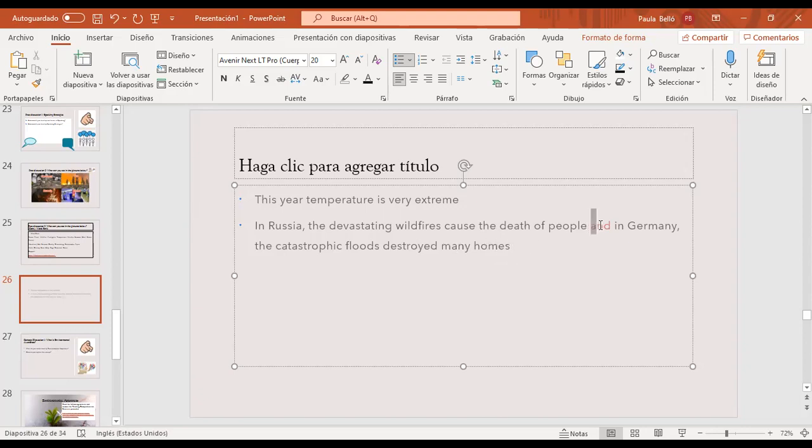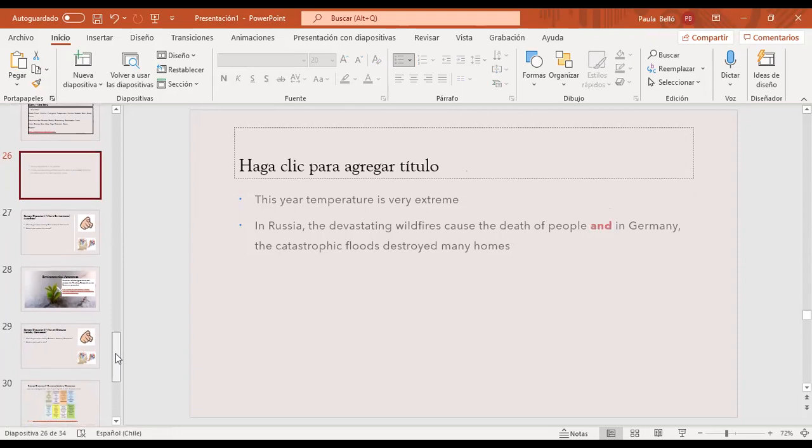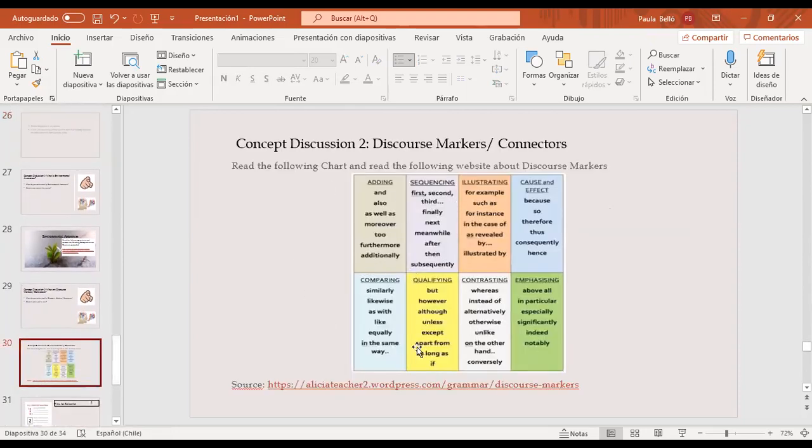And here we have a discourse marker indicating addition, yes? So it's very easy. So you have different kinds of discourse markers, yes, if I want to add, but you have many more.